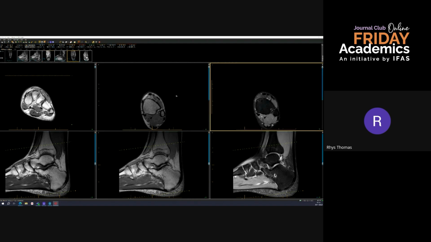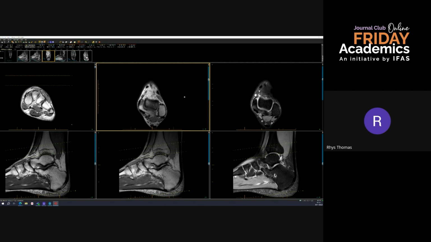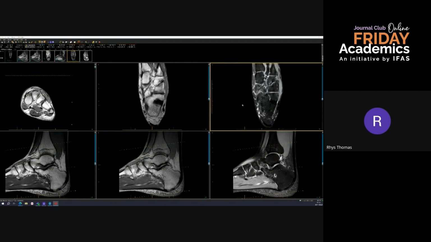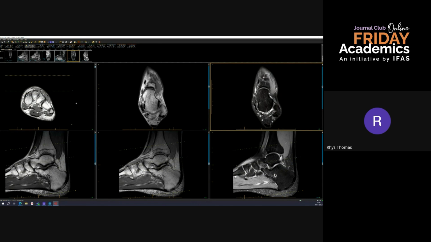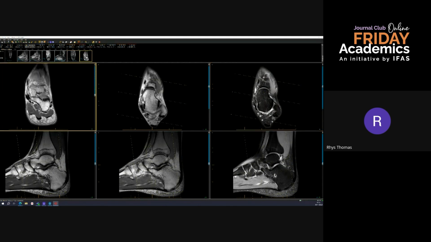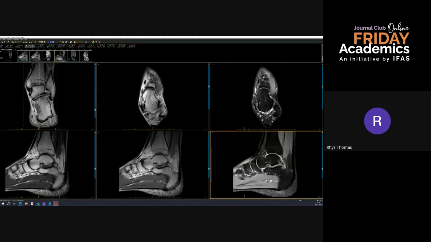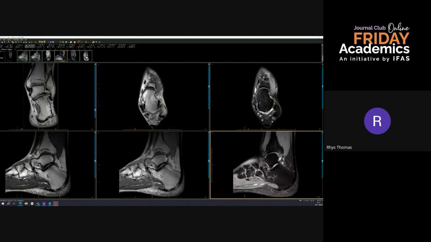Just to go through the sequences we used in New Zealand: we'd have a proton density non-fat sat and fat saturated, coronal PD fat sat, coronal PD, and then occasionally T1, PD and PD fat sat sagittal images.